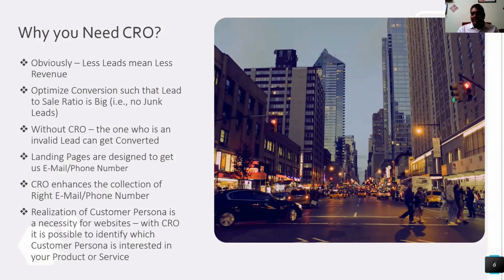But the thing is, which type of lead is getting converted, and which type of lead is getting converted to a sale? That is a question for everyone, right? So we get 1,000 visitors from Google, 1,000 visitors from Facebook, 1,000 visitors from LinkedIn. Out of the 1,000 visitors in Google, there is only 10% conversion to an email ID or phone number.